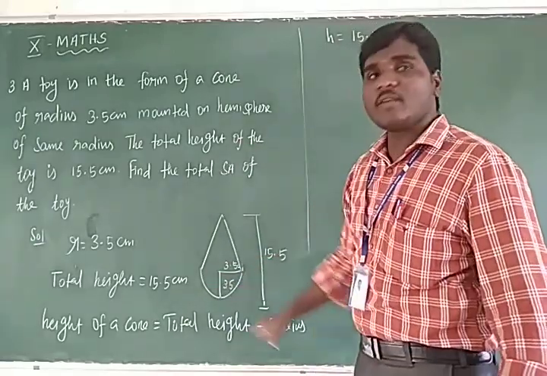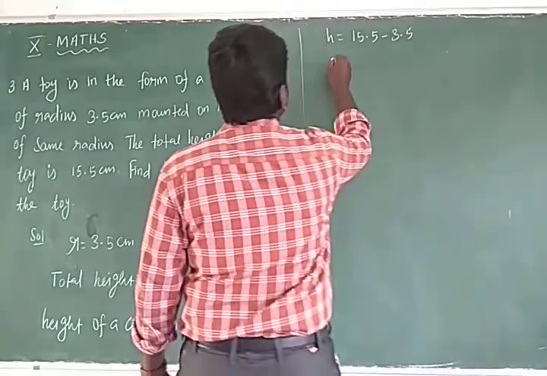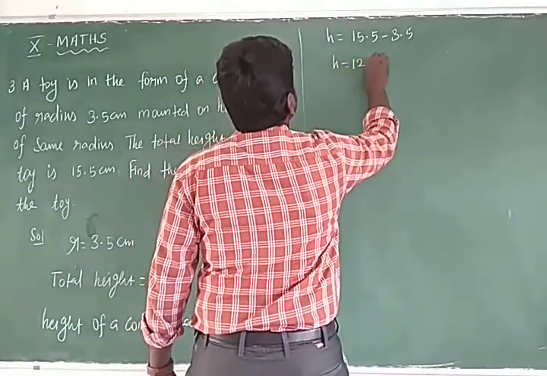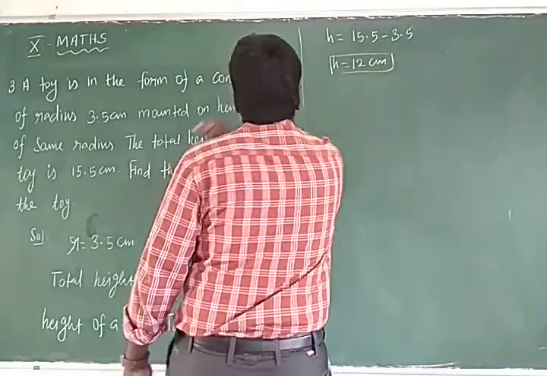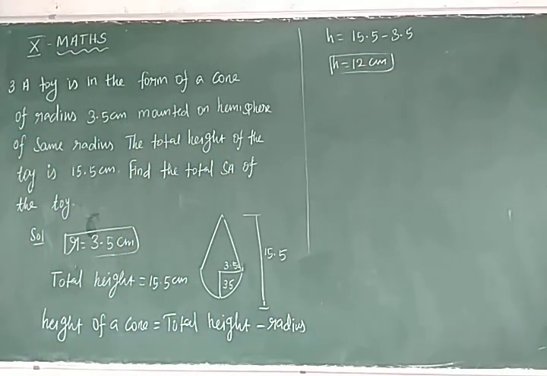The height is equal to 12 centimeter, and the radius is equal to 3.5 centimeter.